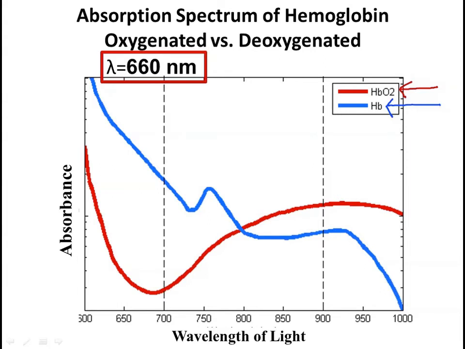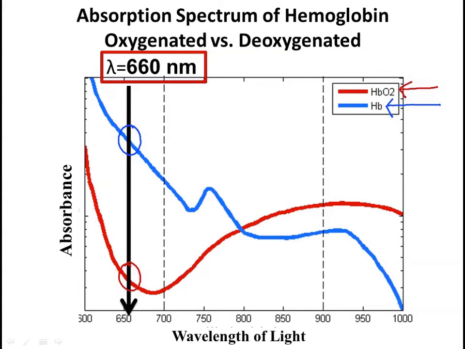Now take a look at the 660 nanometer wavelength here on this absorption spectrum. What you can see is that the deoxygenated hemoglobin here in blue absorbs more light at 660 nanometers than does the oxygenated hemoglobin shown here in red.